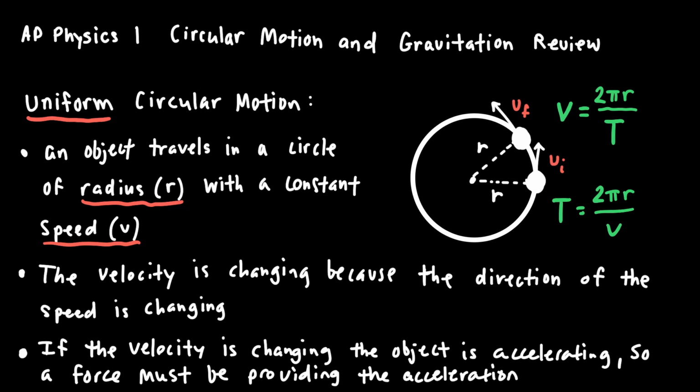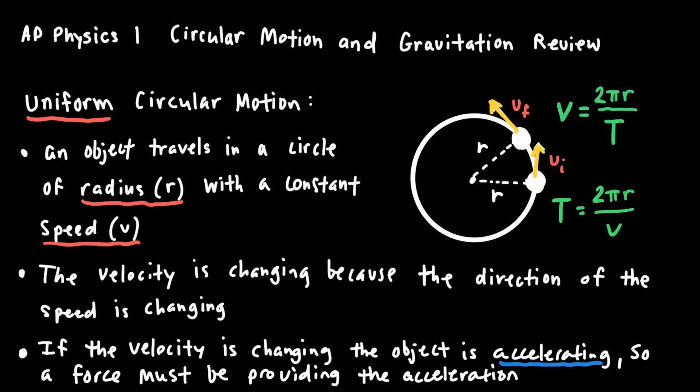It moves around with a constant speed, but because the direction of the velocity is changing, at every moment in time as the object moves around the circle, its velocity's direction is changing. And so if the velocity, either its magnitude or its direction, is changing, then that by definition means that the object is accelerating.